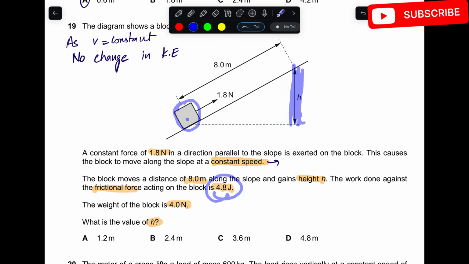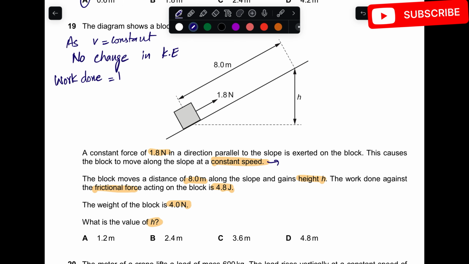The kinetic energy is not changing, so you can write work done is equal to work against friction plus gravitational potential energy that they have gained.